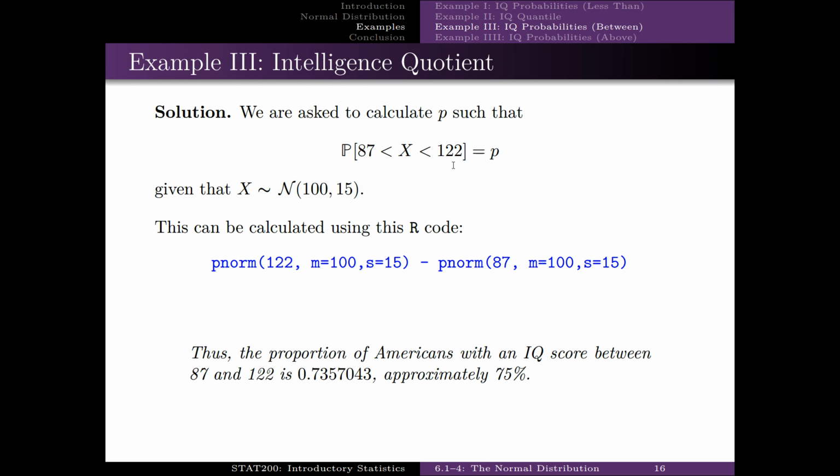Looking for this, this is just the cumulative probability at the upper minus the cumulative probability at the lower. So approximately 75% of Americans have an IQ between 87 and 122. That's a lot.